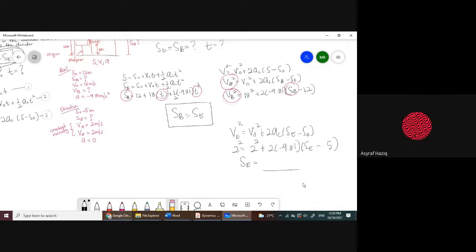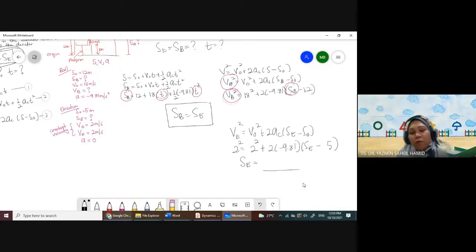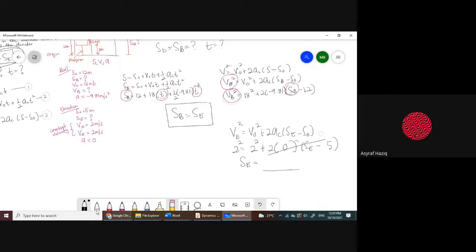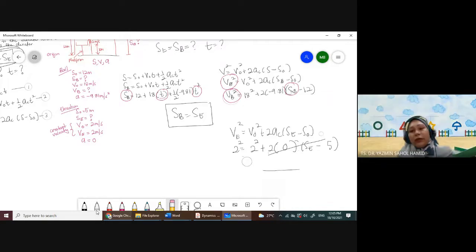Acceleration AC is zero. AC is zero, so you cannot find it. Understand? You have to use equation 2. Sorry guys, I didn't notice. AC is 0, so you cannot get the answer. So this method is wrong. Now go back to here, go back to this clue.